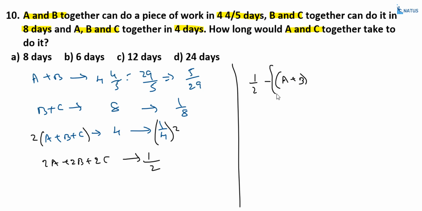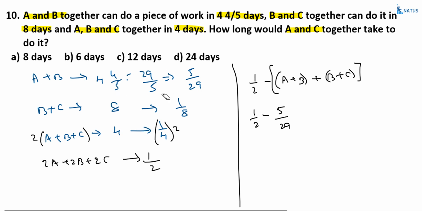Next, minus B and C's work. Then you will get the value of A and C. So that is equal to 1/2 minus A and B's 5/24, this is not 29, this is 24 only, minus B and C, 1/8.